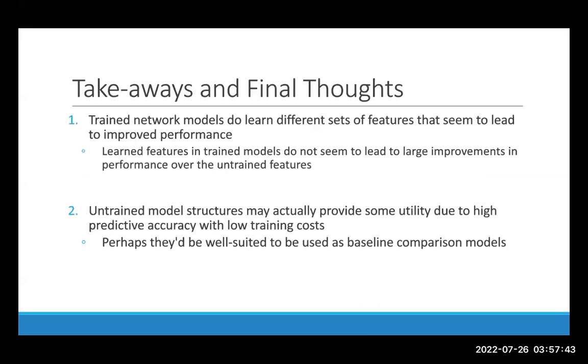They don't seem to lead to large improvements over the untrained features. So in this case, maybe there's some utility in using these untrained models in some way to better train other models, basically using them as additional feature generators. Maybe it's worthwhile to utilize these as baseline comparison models.